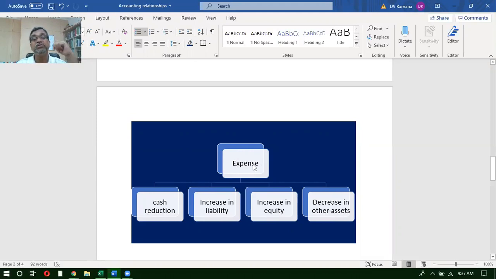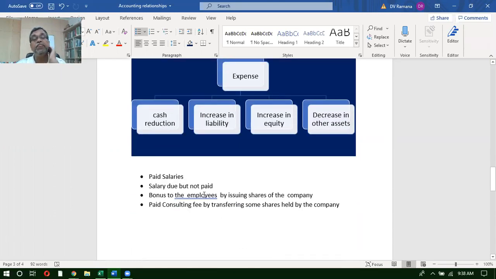So expenses may result in a reduction of cash, creation of liability, increase in equity, or reduction of any other asset. For example, paid salary is a reduction of cash and an expense. Salary due but not paid is an expense, but a payable has been created.